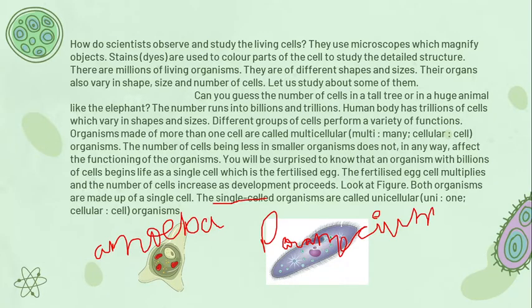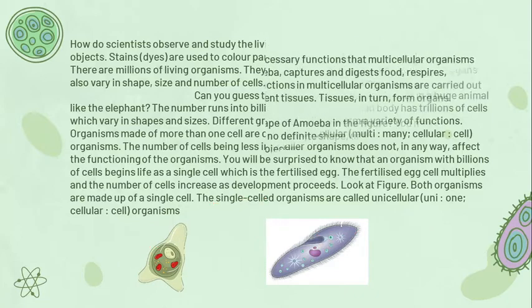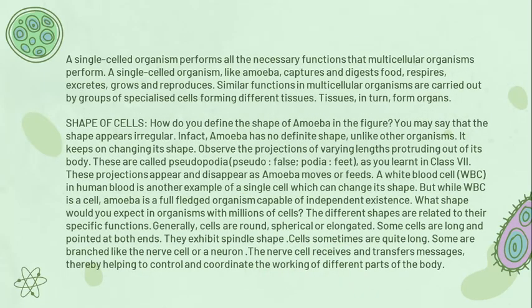When the amoeba moves, its shape actually changes because the outer part is liquid type, so it can change its shape. You may say that the shape appears irregular. Yes, in fact, amoeba has no definite shape.